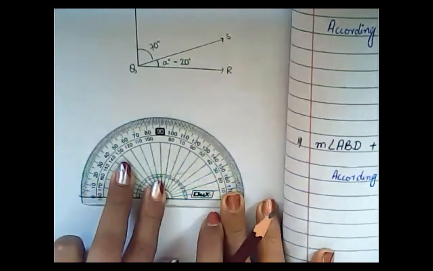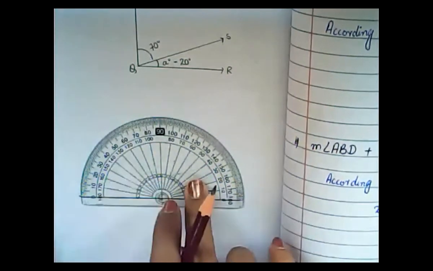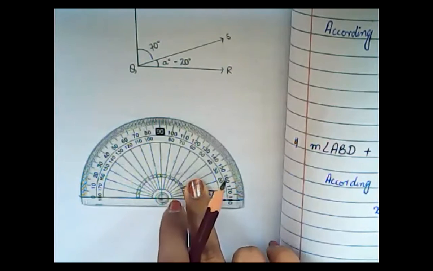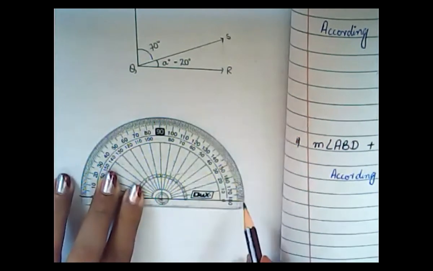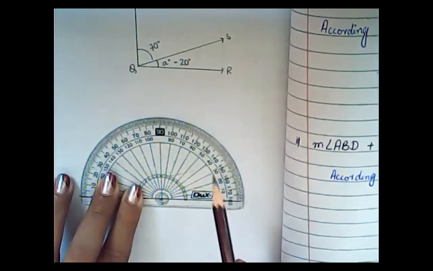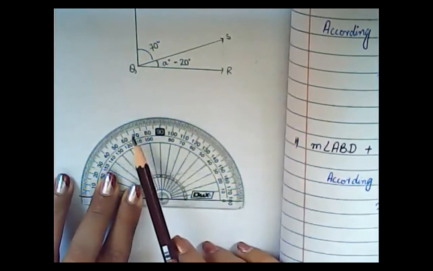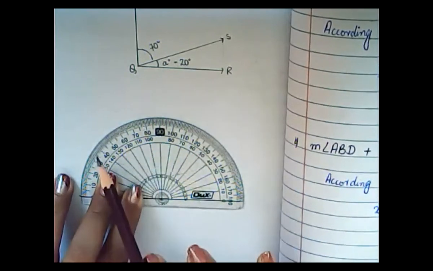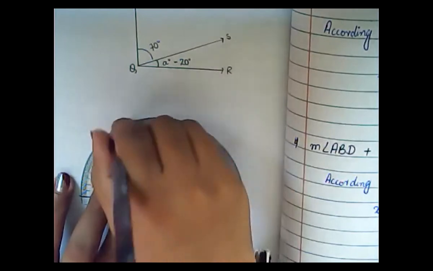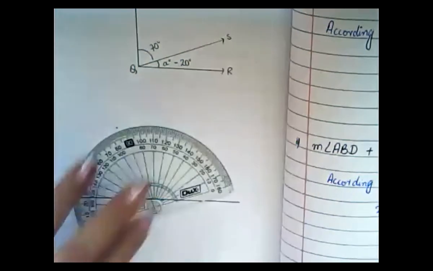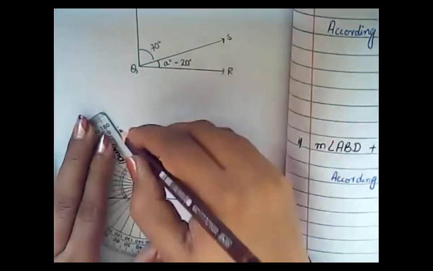Now the first angle which I am going to make is 120, starting from this side. As you can see, 120 is also here and 120 is also here, but you have to make it towards this side. So you will make the point over here, and then simply join this point with this one.